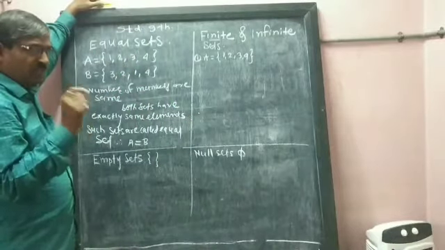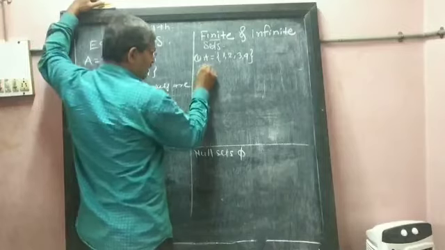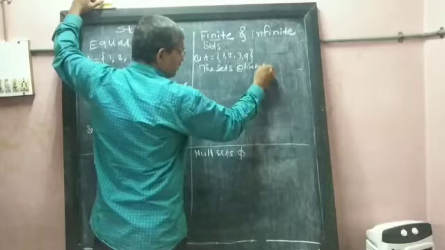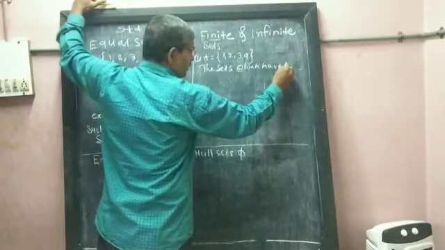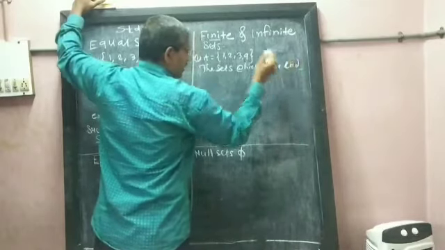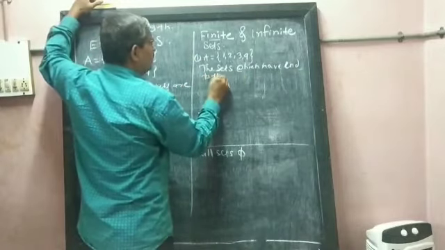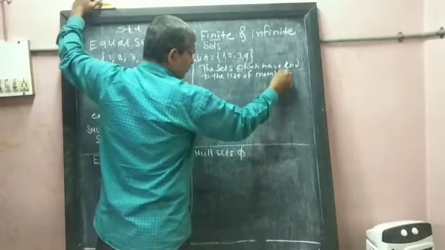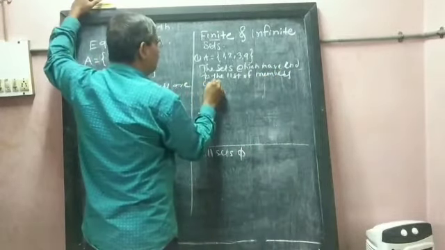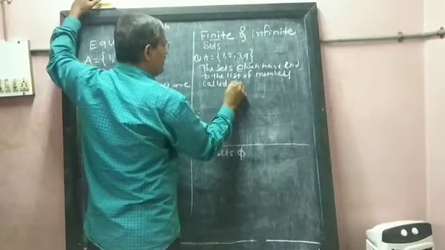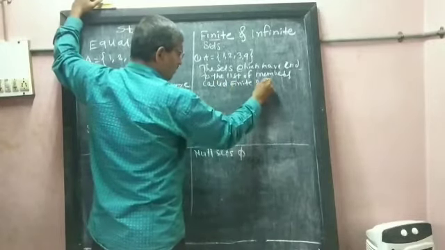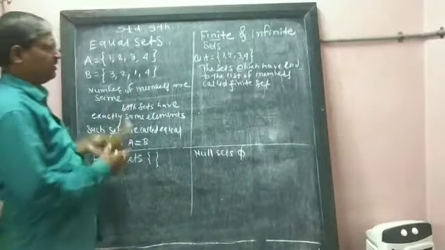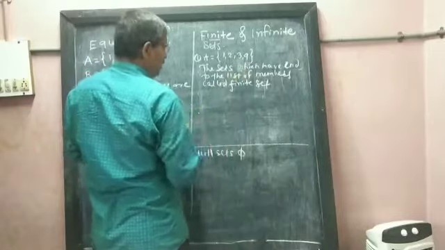The sets which have an end to the list of members are called finite sets. Or we can write a simple definition also. How?